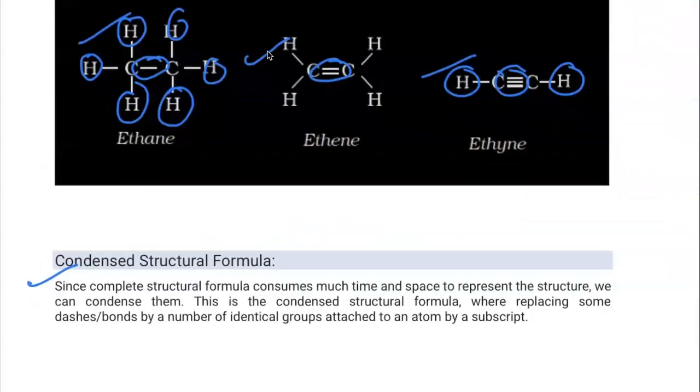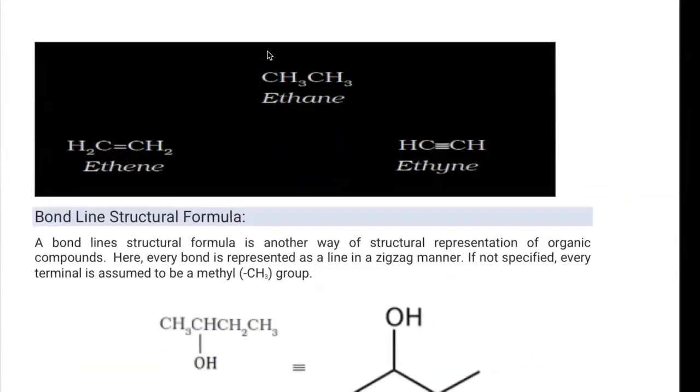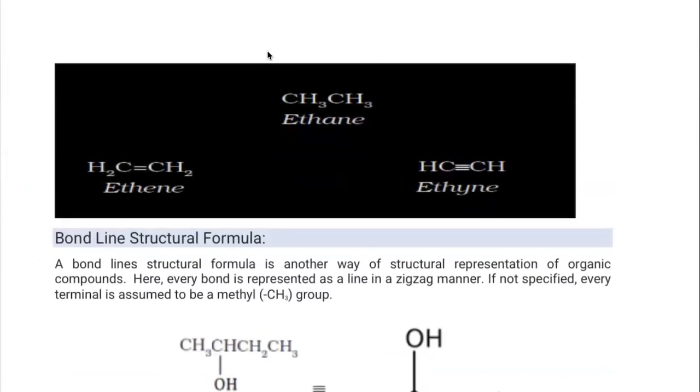Okay. So we can condense them, and this is the condensed structural formula, by replacing some dash bonds by the number of identical groups attached to an atom, written as a subscript. See, like this. We can write ethane like this, CH3, CH3.